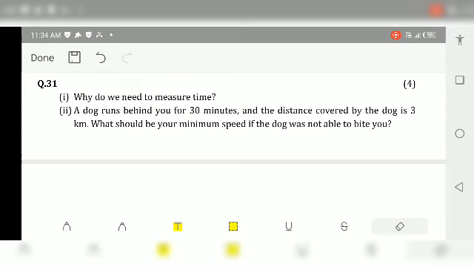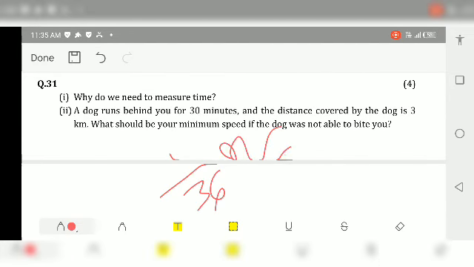Speed is equal to distance covered divided by time taken. 3 by 30 is equal to 1 by 10. Therefore, 1 by 10 into 1000 by 3600. This will give you 1 by 36 meter per second.